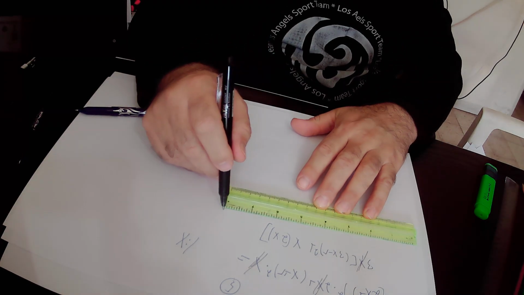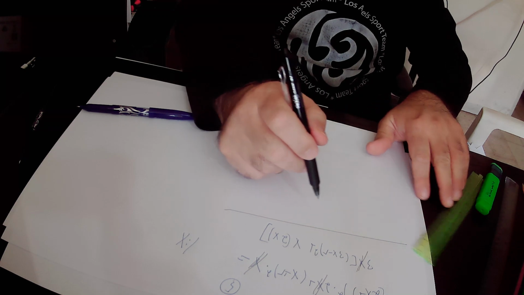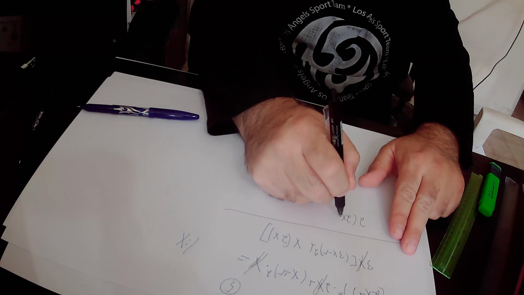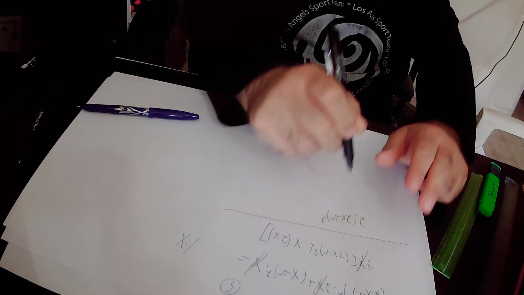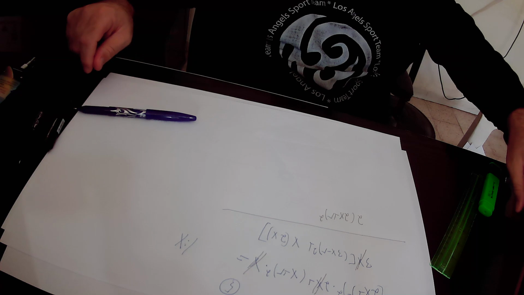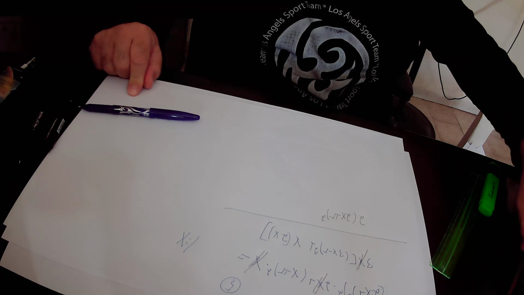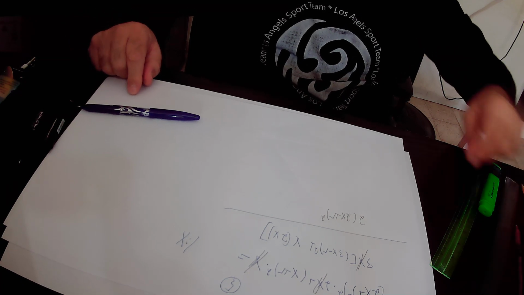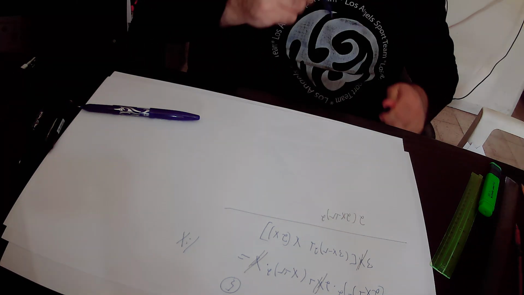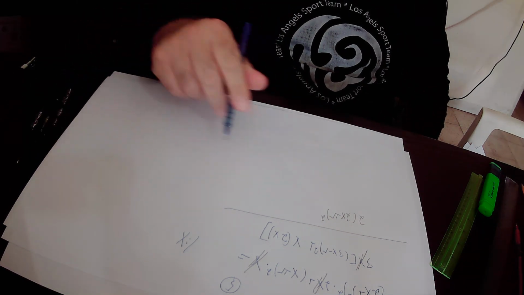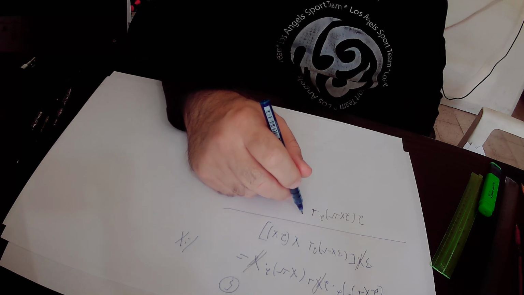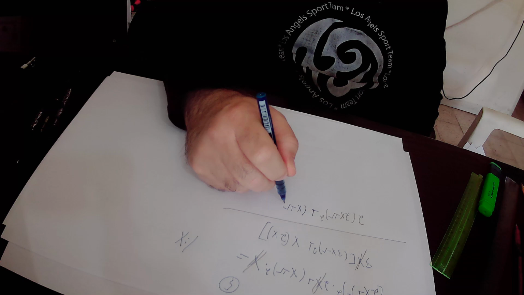What is left is 2 times (2x plus r) squared, plus (x plus r) squared.